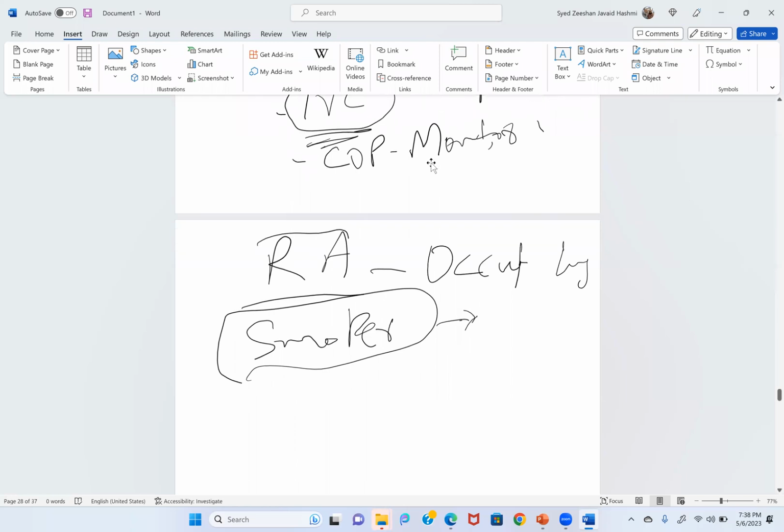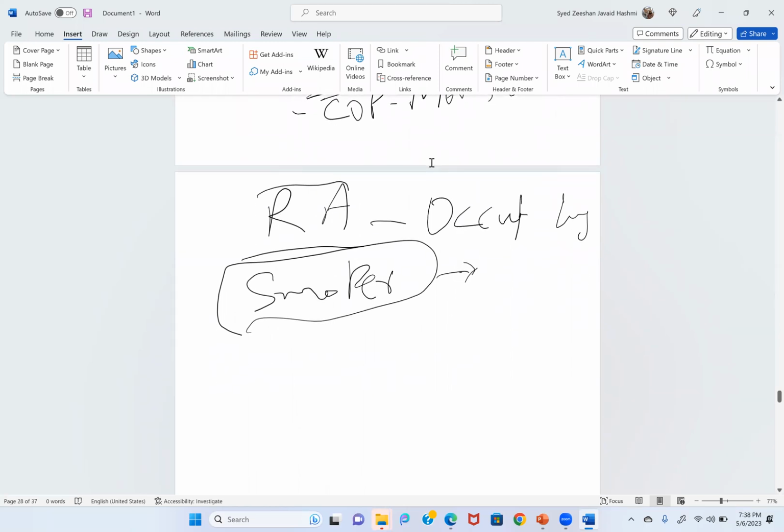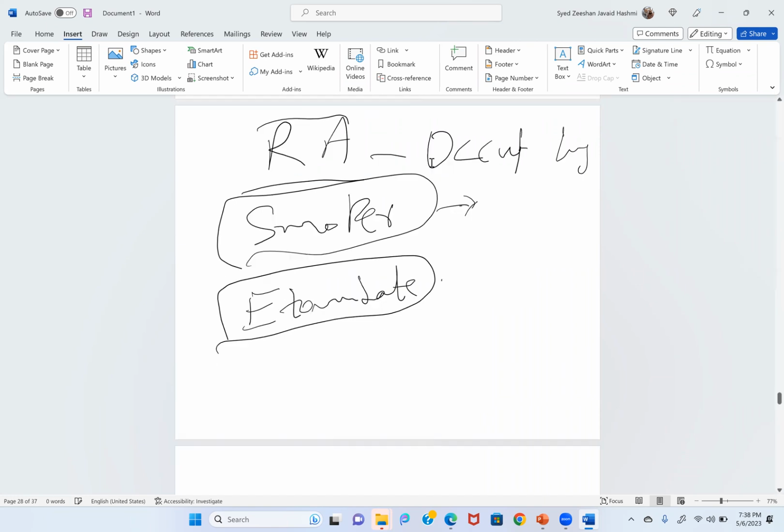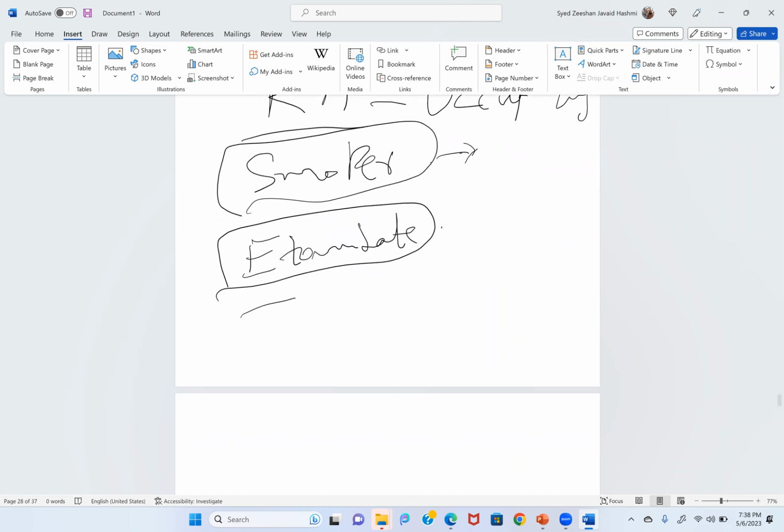Again, there are certain medications. For example, if you have a patient with diminished cardiac reserve, at induction you will try to have etomidate. Then thiopentone, though it is not available now.